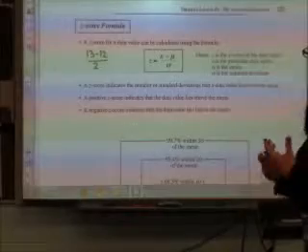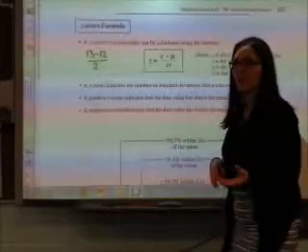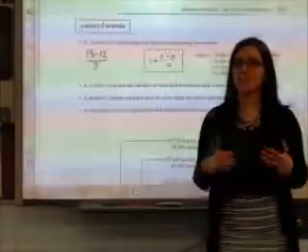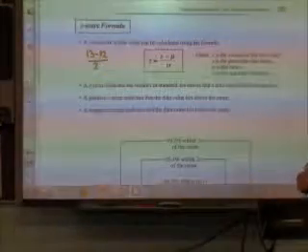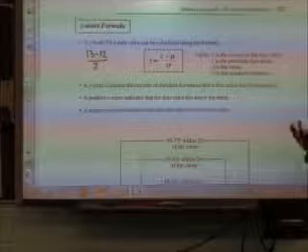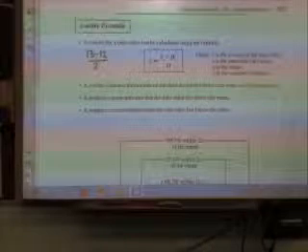So if I had 11.3, it would be 11.3 minus 12 divided by 2. That would give me my z-score. When the z-score is positive, it tells me it lies above the mean. If the z-score is negative, it is below the mean.